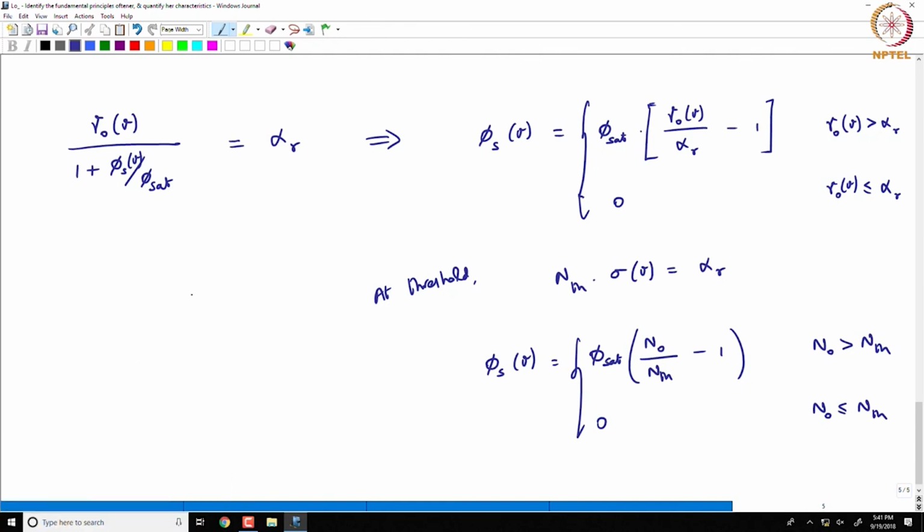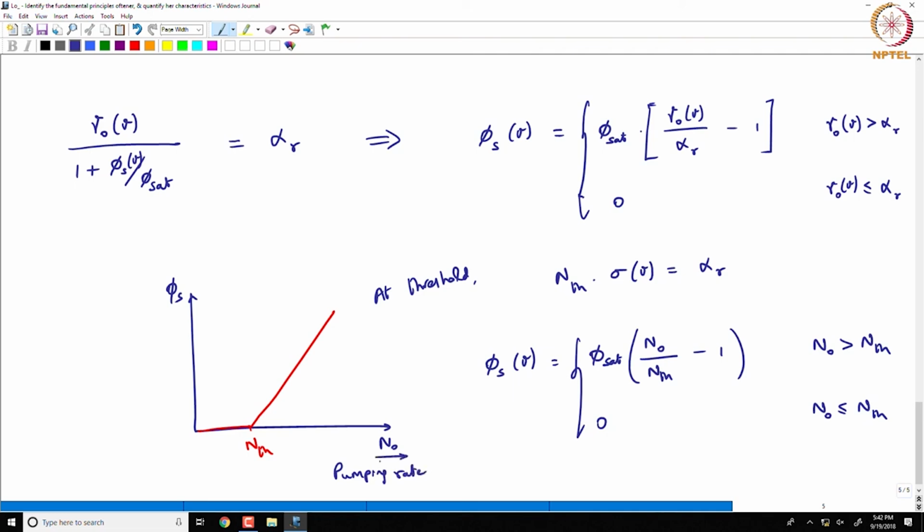Maybe I can just graphically represent this before we break off. So, phi s as a function of n naught is showing something like this. Phi s is 0 below n threshold, and phi s starts increasing rapidly as you go to higher n naught, which is representing the pumping rate.